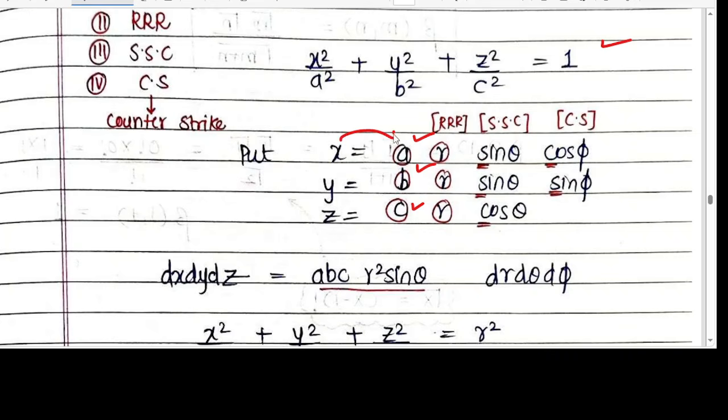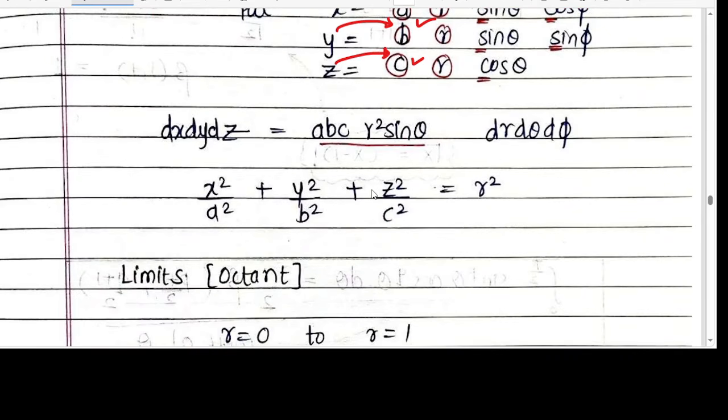Along with x, a times, along with y, b times, along with z, c times. The remaining part is the same. And dx dy dz here is abc r square sine theta dr d theta d phi. And r is the radius of the ellipsoid.